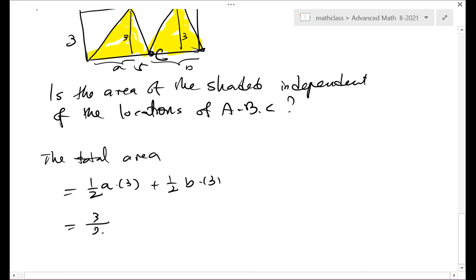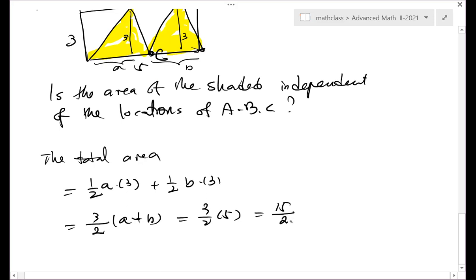That's going to be 3 over 2 times A plus B. Now A and B are not determined individually, because I can move the point C left to right. But the sum of these two numbers is fixed, which is 5. So the area is going to be 15 over 2.